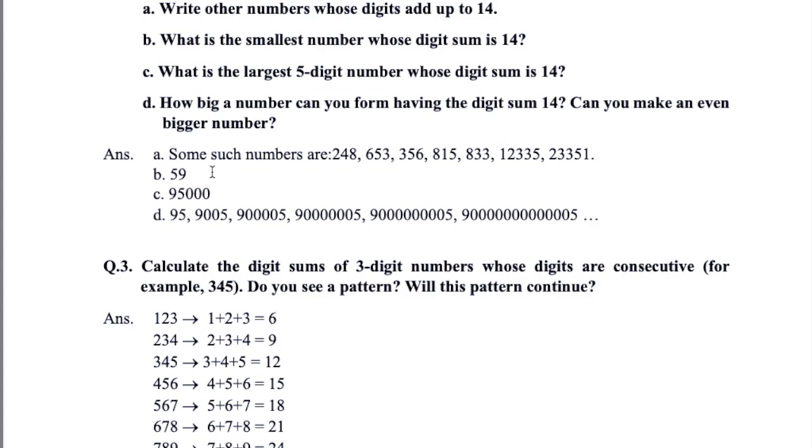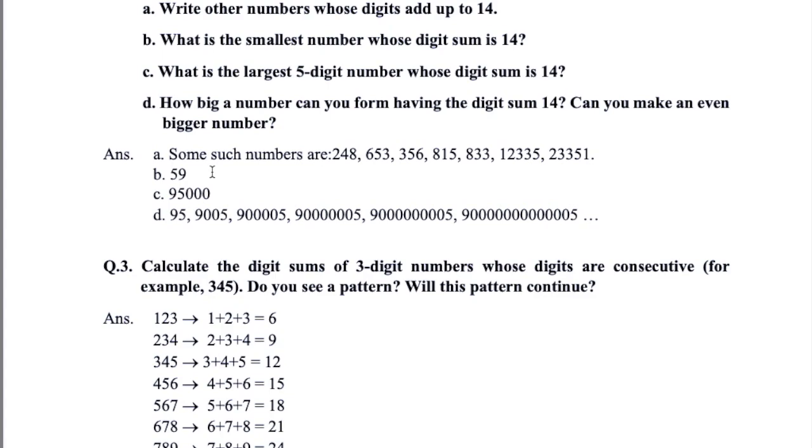What is the largest 5-digit number? There should be 5 digits whose sum is 14. That will be 95,000, because 9 plus 5 plus 0 plus 0 plus 0 will be 14 only. The last part of question number 1 is, how big a number can you form having the digit sum 14?